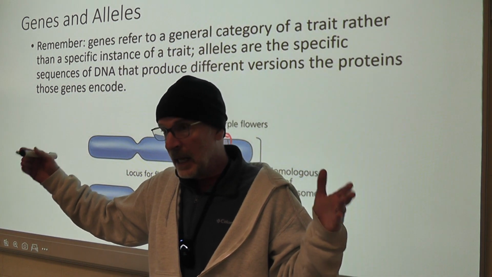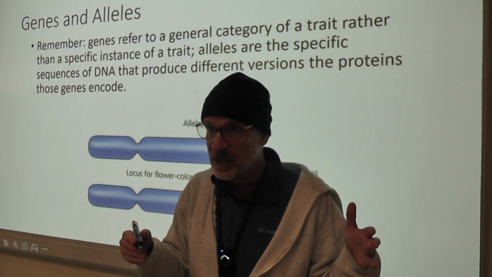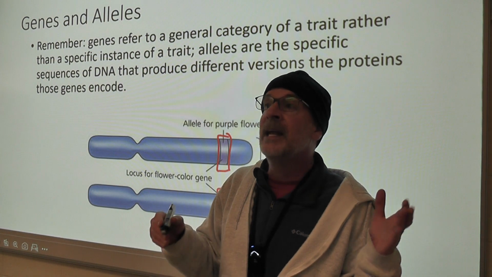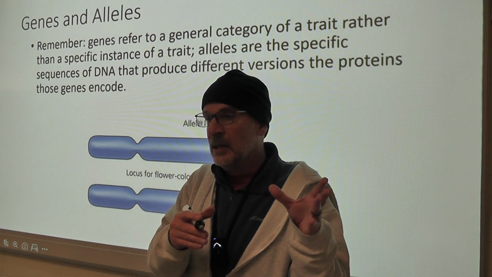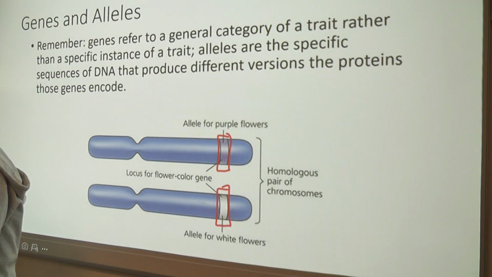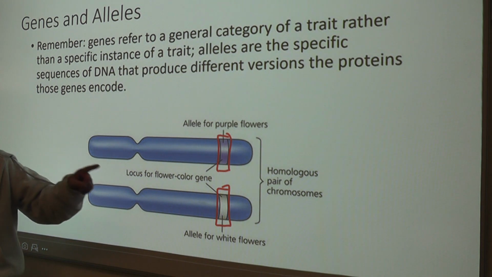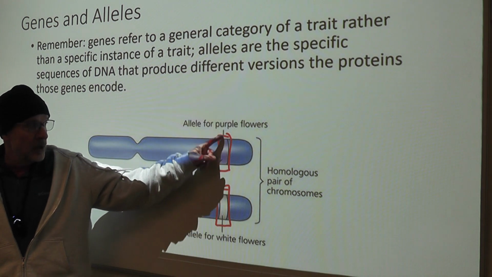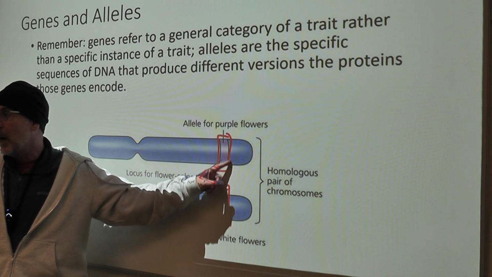When that DNA gets transcribed and then translated to become a protein, what you'll see is that for any gene, there's multiple proteins that can be made. They're all going to be really similar. They're all going to have the same kind of basic function, play the same basic role in an organism. Every single gene sequence right here on this chromosome in this particular plant influences the flower color.